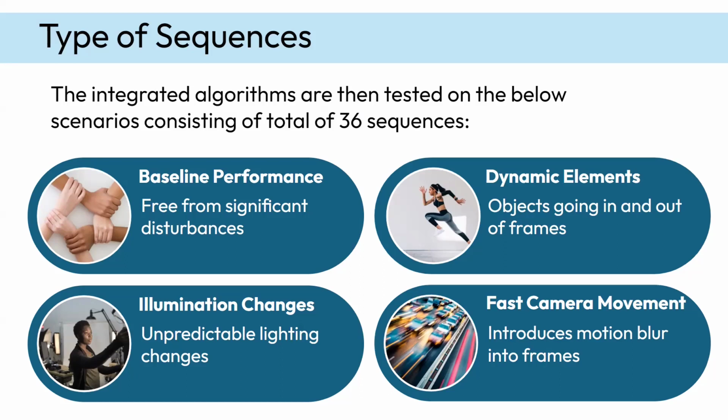Thirdly, dynamic elements. Dynamic objects such as humans often move in the frame, which causes some SLAM systems to suffer an increase in errors or performance loss. And lastly, fast camera movement. Fast camera movement often results in motion blur, which may disrupt feature detection and matching methods of many SLAM systems.